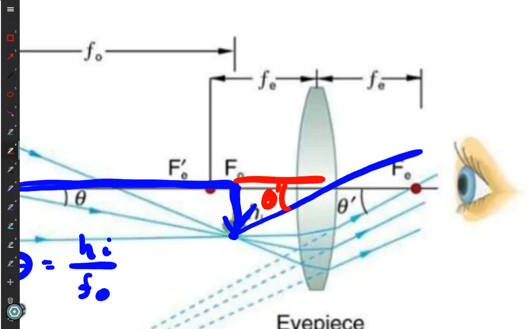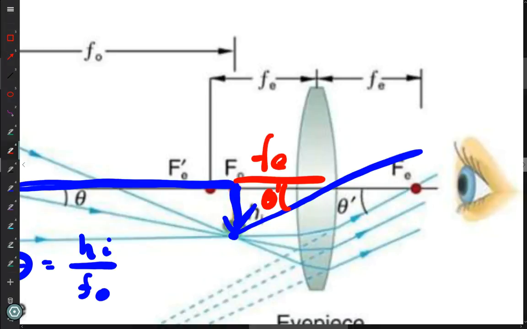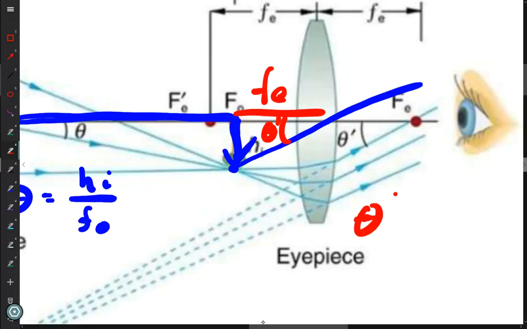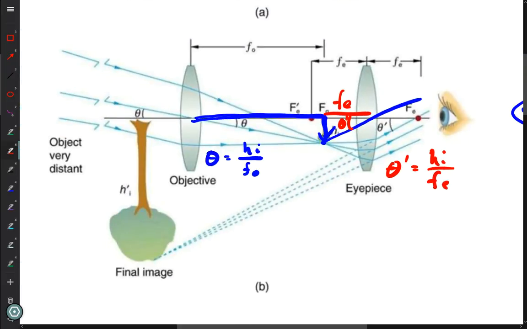If we have unaccommodated viewing, so the image is at infinity, what's the object distance going to be? Focal length of the eyepiece. And so theta prime is going to be the height of the image that was produced by the objective, since that's the height of the object here, divided by the focal length of the eyepiece. And so magnification is equal to the angle with the telescope divided by the angle without it.